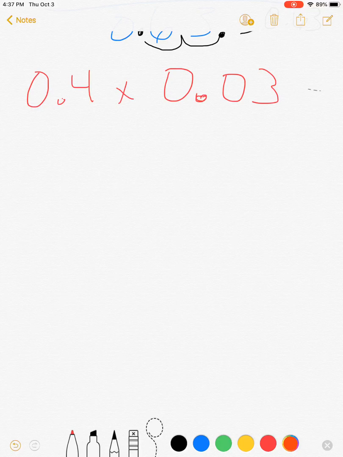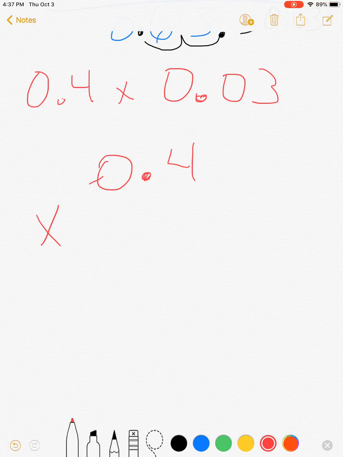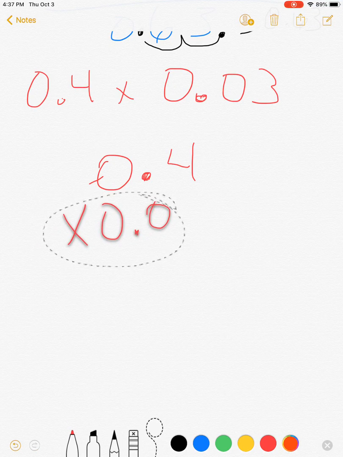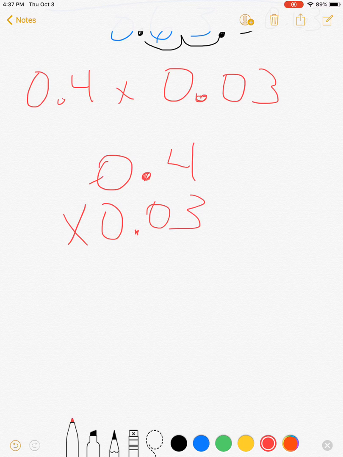All right, so now we need to multiply. I'm going to set it up the old school way. Okay, 0.4 or 4/10 times 0.03. Hold on, let me move it over, you all. 0.03.